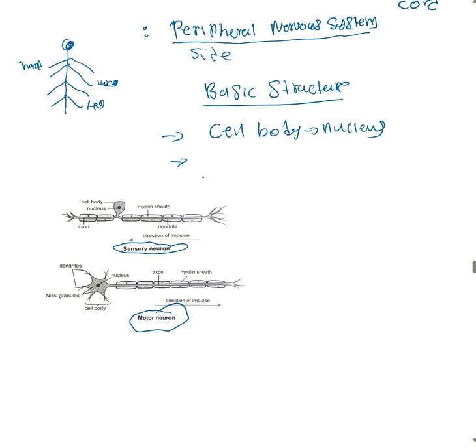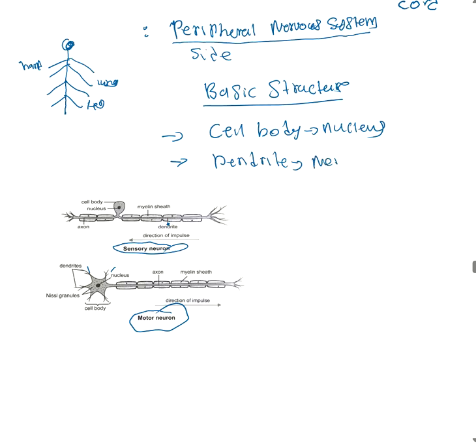So we have what we call dendrites. This is our dendrites. This one at the motor neurons has a tree-like structure, and this one at the sensory neurons is here at the middle. The function of these dendrites is to send the nerve impulse.